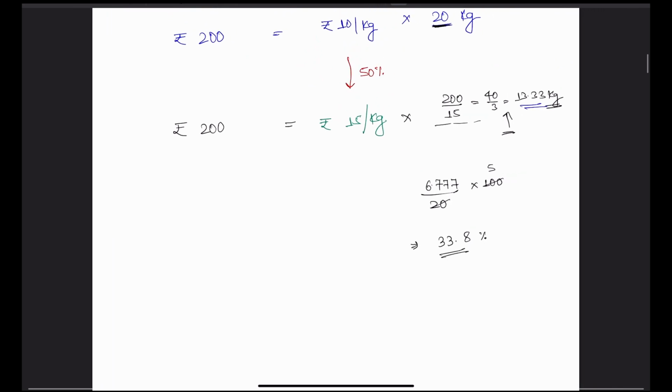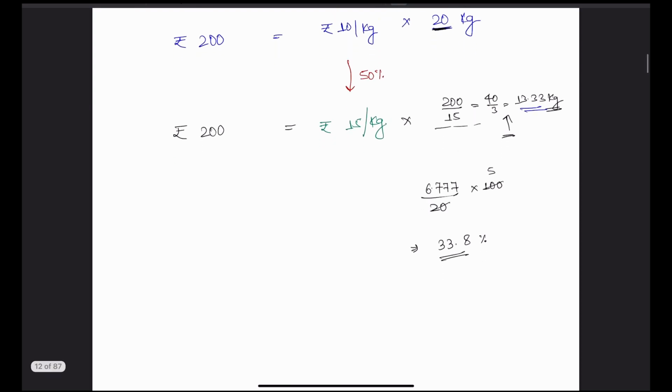So how did this value come? If I see this 33.338, or otherwise if I see the increase in percentage terms, in 1 by 2, 50% is what? 1 by 2. So there is a decrease also, which we have calculated, which is nothing but 33.8%.